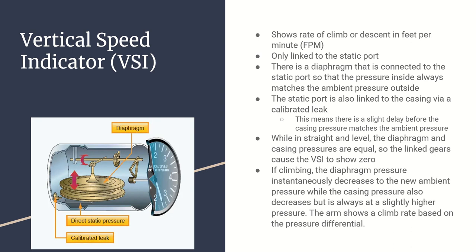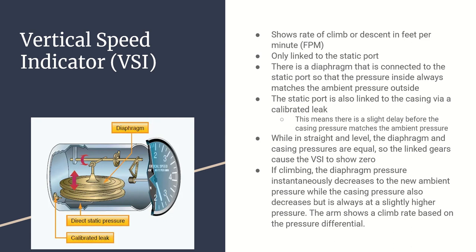So if our pressure decreases in the diaphragm, then we know we're going to have more expansion. There's less pressure in there. I'm sorry, we're going to have contraction. It's going to get smaller. And at that particular moment, because that calibrated leak takes a few seconds to equalize, we're going to have a slightly higher pressure inside that casing area than the diaphragm.